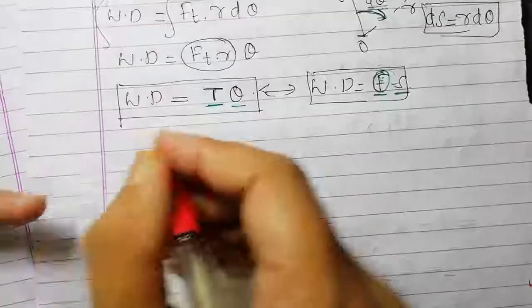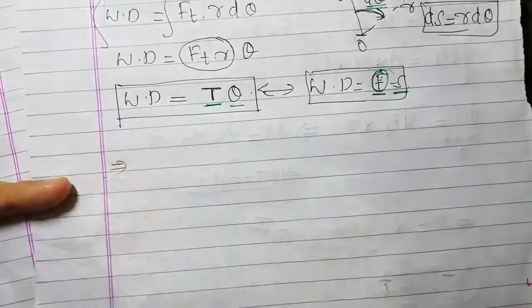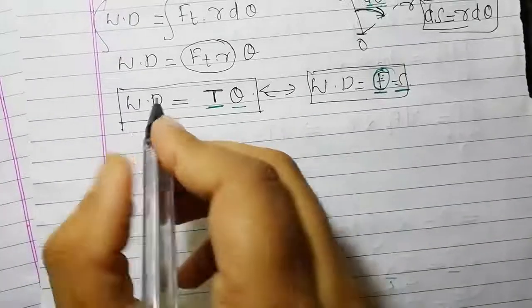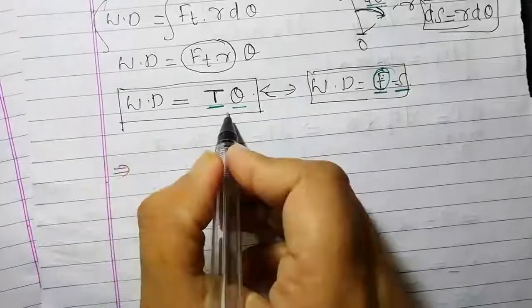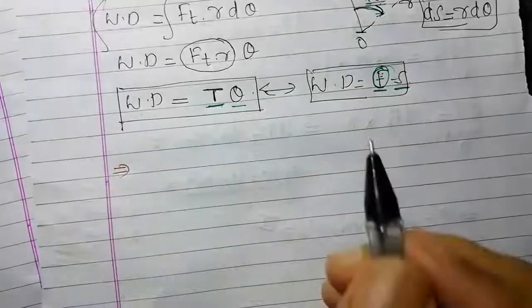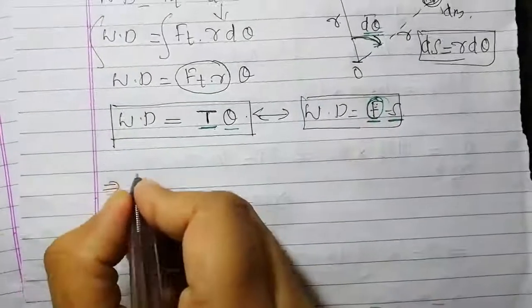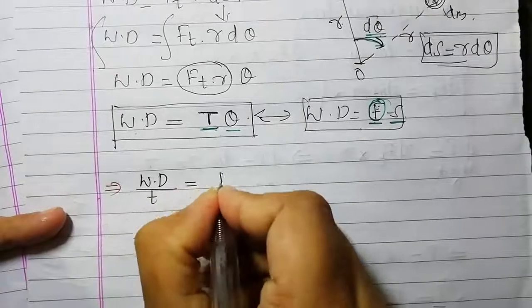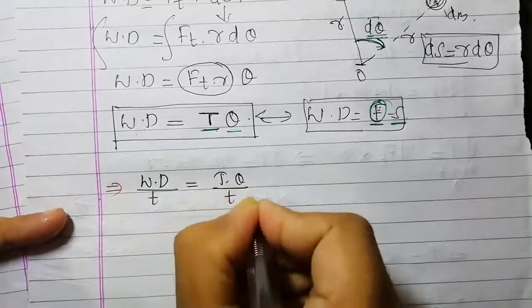Okay, now I am going to divide this expression on both sides by time t. So we will get work done by time t is equal to T into theta by time t.